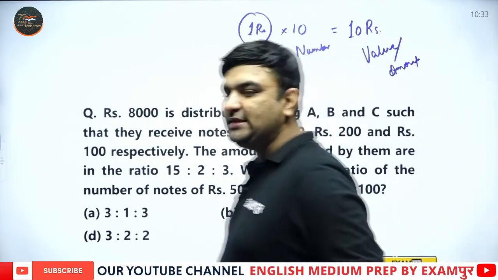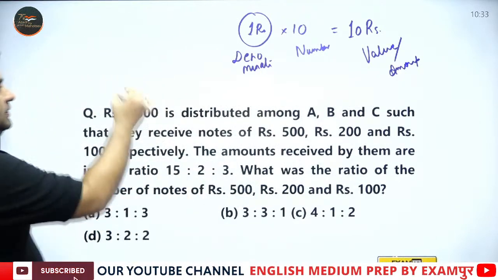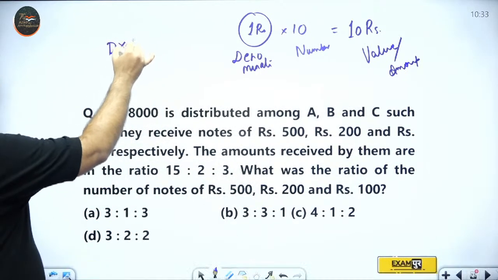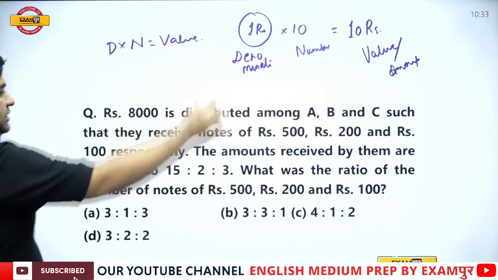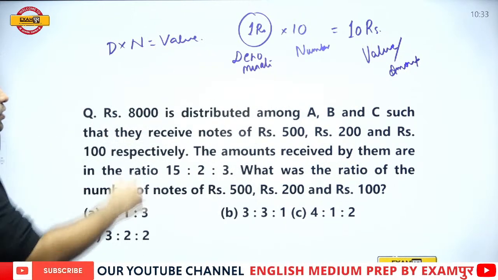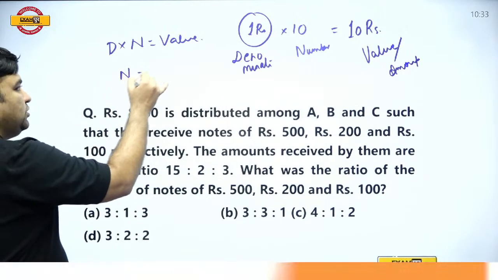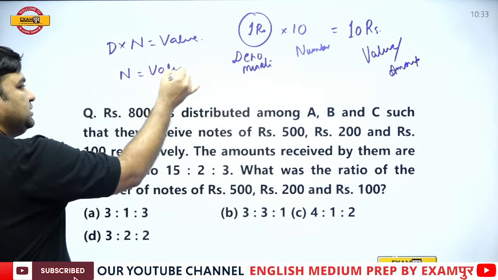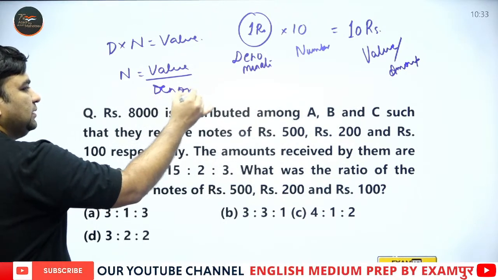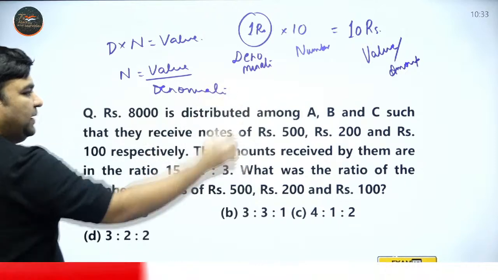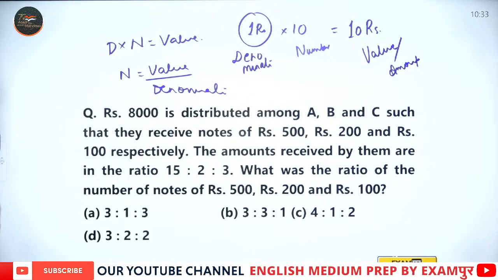So we can easily say that denomination into number is equal to the value, or number is equal to the value upon denomination.